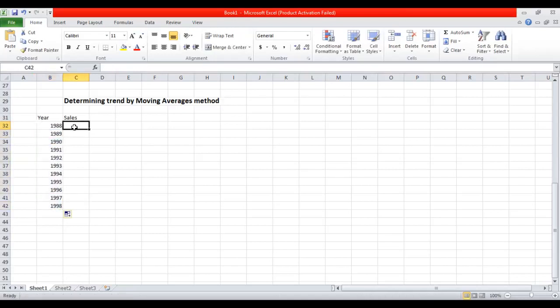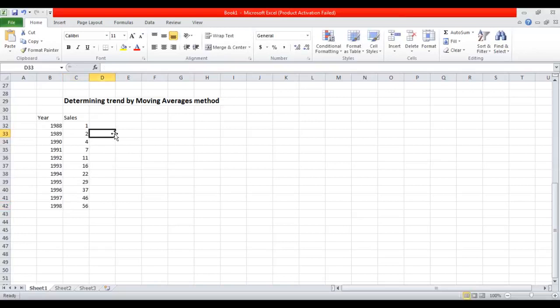Corresponding sales values I'm writing: 1, 2, 4, 7, 11, 16, 22, 29, 37, 46 and 56. So these are the different trend values.